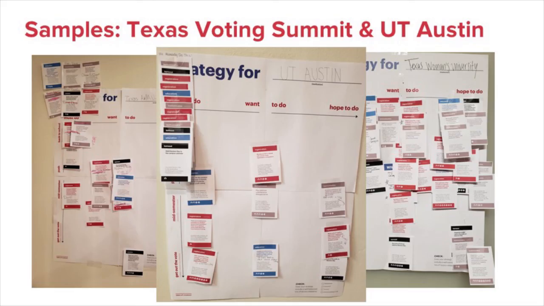These take tactic cards that range from voter education to institutionalization, voter registration, and voter mobilization. And you can lay out on your strategy both what you would want to do, what you'd like to do if you have the availability, and also it assesses the time, money, and resources that are needed for each tactic, so you can think strategically about that as well in regards to what you have available to you.